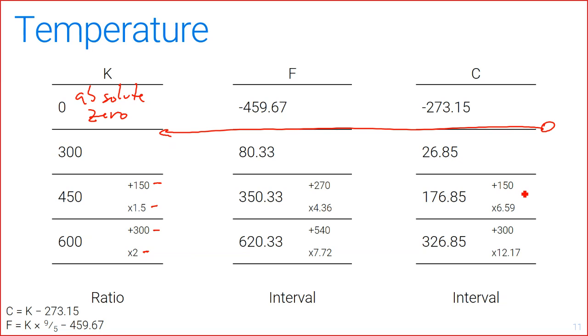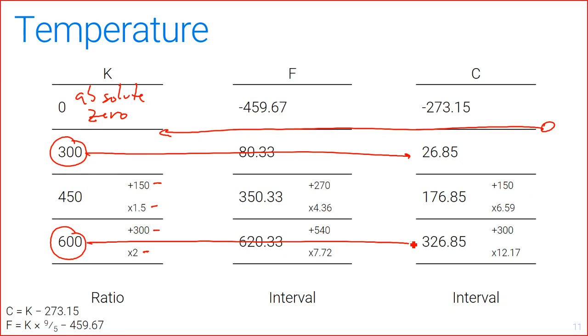So, for example, here we have the correspondence. 300 Kelvin is 26.85 Celsius. 600 Kelvin is 326.85 Celsius. So yeah, there are distances between them and they correspond to the distances in the original scale. That's fine, but the ratios are different. So 326 degrees Celsius is not twice as much as 26.85.